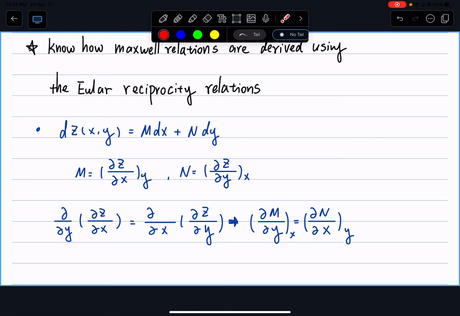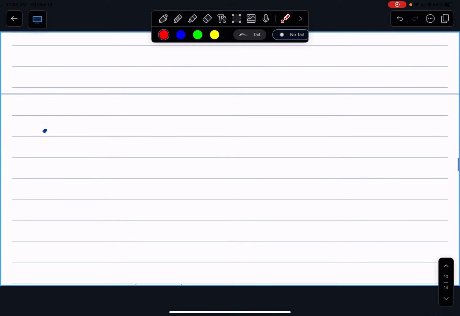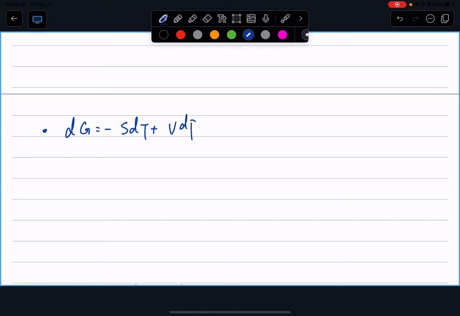And we applied the Euler's reciprocity relations to all our Gibbs equations to get relationships between different partial derivatives. So if we use our dG as an example, let's say dG equals negative S dT plus V dP.